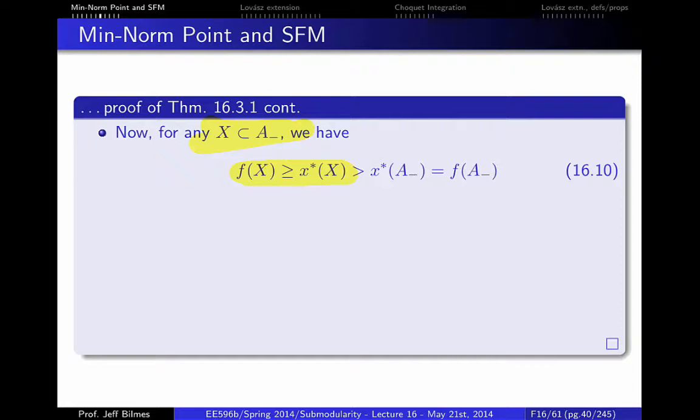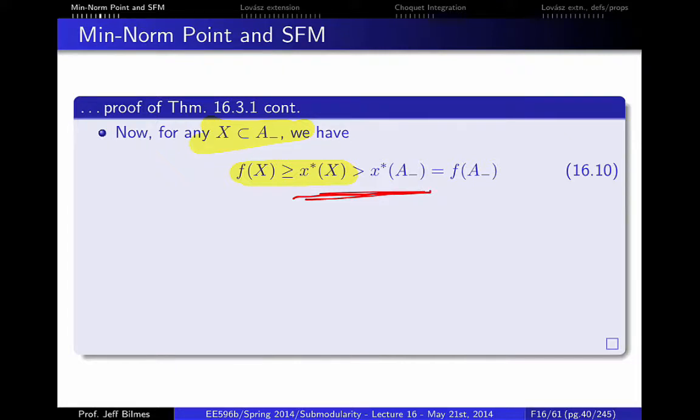But basically anything which is a subset of A minus means that there are going to be negative elements that are no longer counted. And so x star evaluated at the subset is going to be strictly greater than x star of A minus.